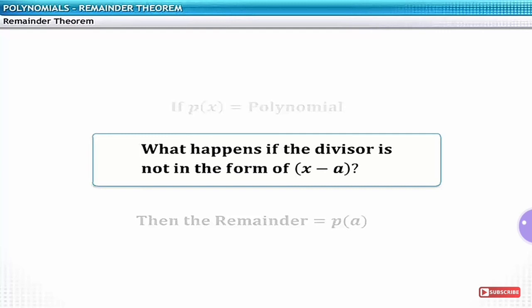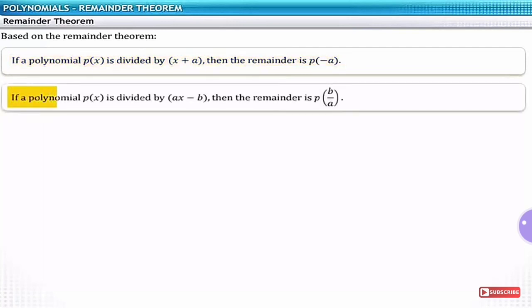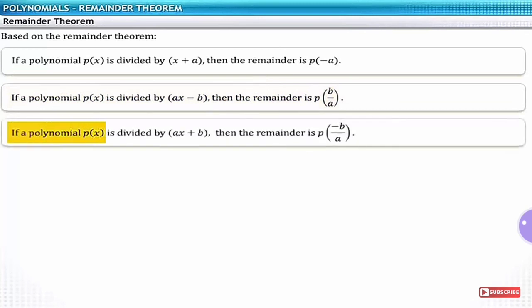If a polynomial P of x is divided by x plus a, then the remainder is P of minus a. If a polynomial P of x is divided by ax minus b, then the remainder is P of b divided by a. If a polynomial P of x is divided by ax plus b, then the remainder is P of minus b divided by a.